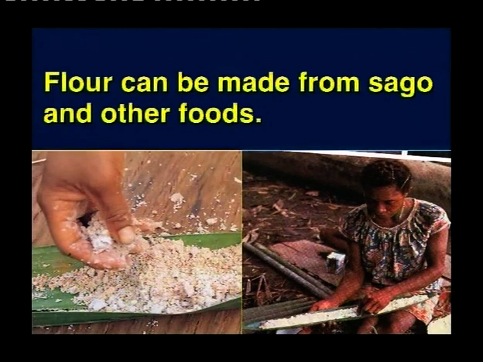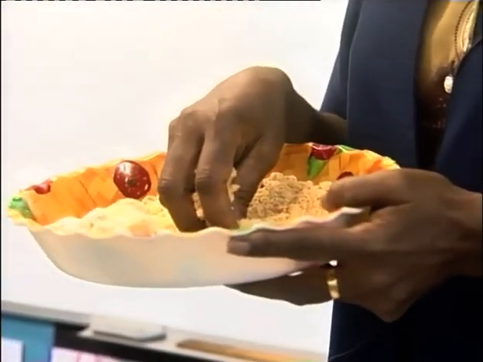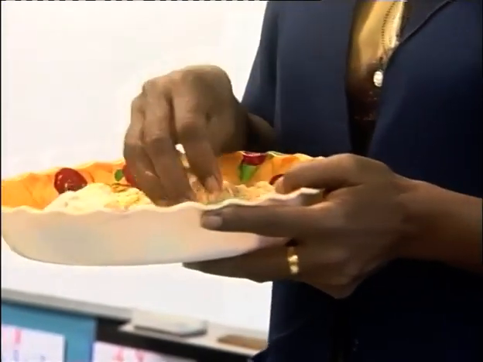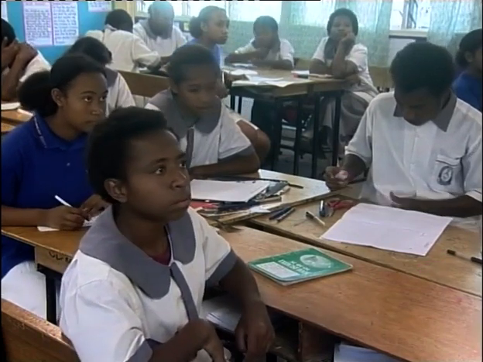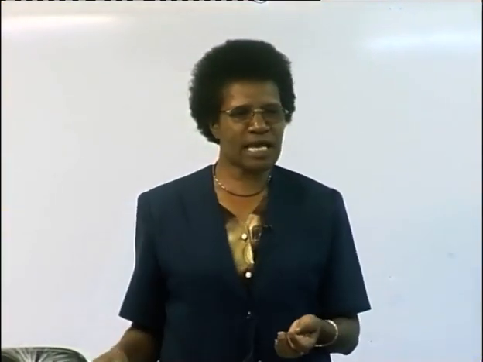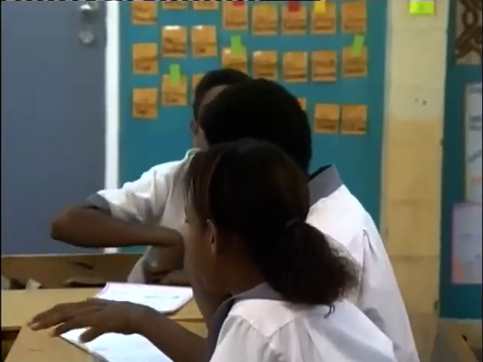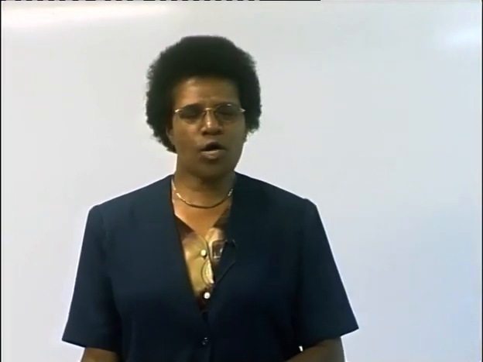From this sago flour, we can make a lot of different types of food dishes. Raymond, can you give us an example of one food dish, probably from your area, made from sago flour? Nikiriki. Okay, good. That is what it's called in Raymond's language, and they use sago flour for that.